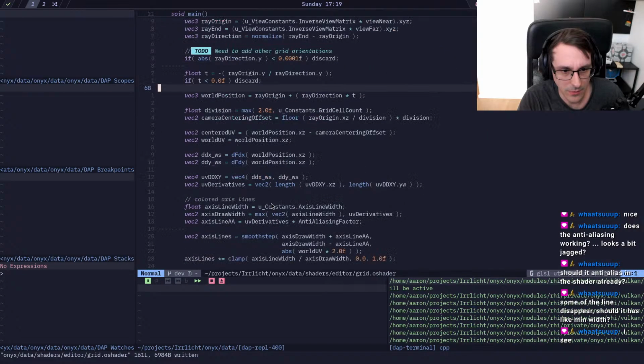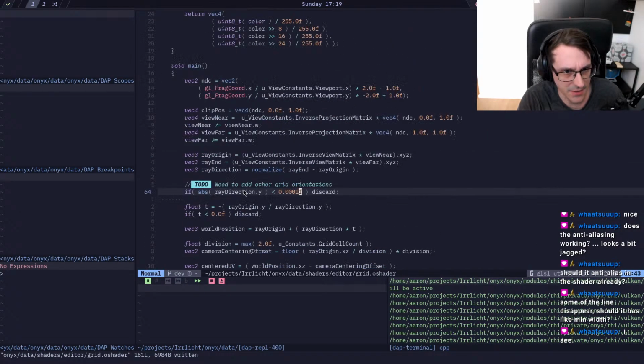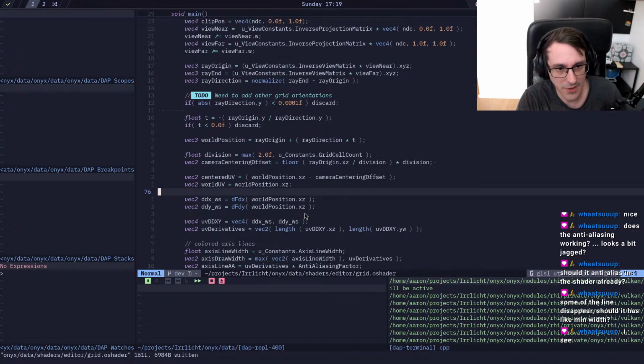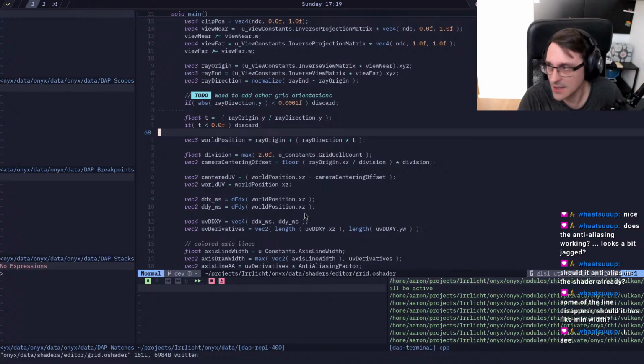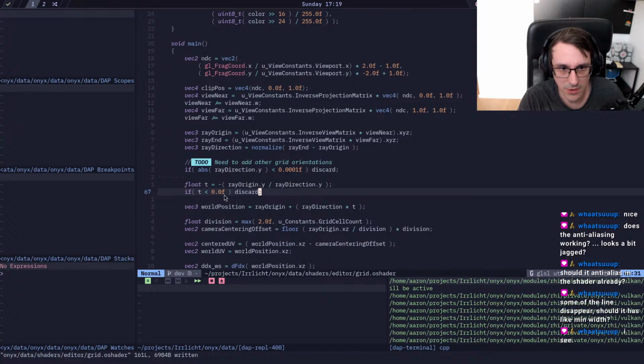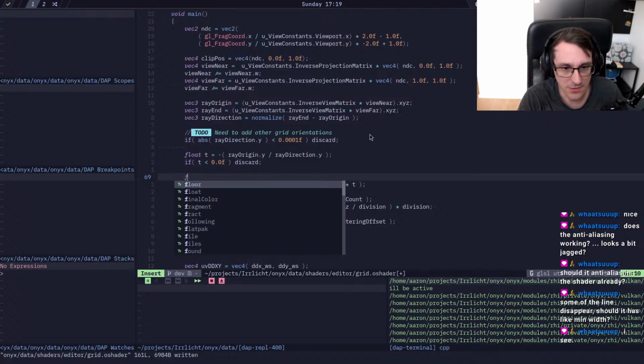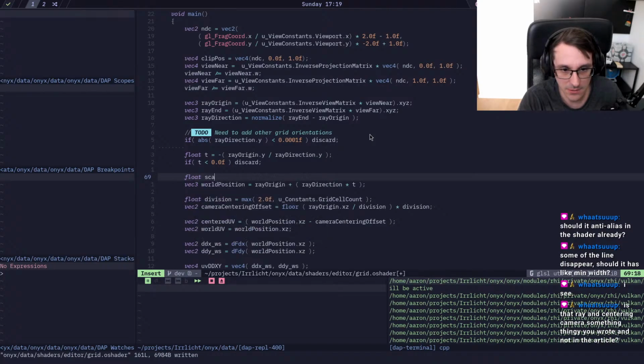I think one thing I want to try is actually scale the grid. We should do it by camera distance, but I want to try it first hard coded basically. So what I would need to do is, where would that be? I think we do it here, so basically a float scale.